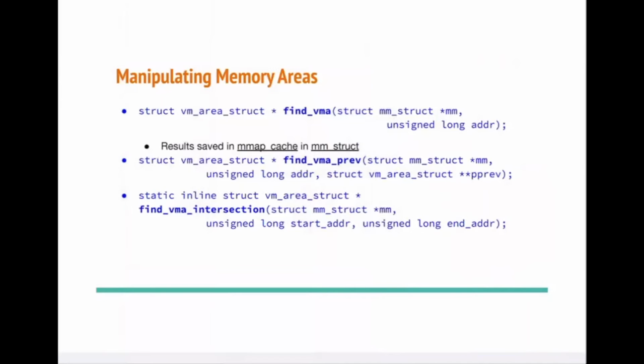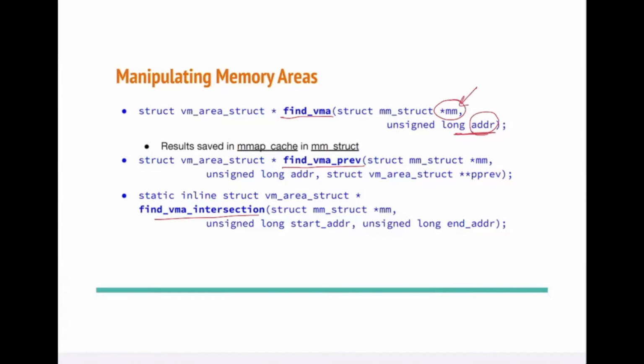If you want to access and manipulate some area, and within that area we have to do some operations on the address, then we have functions like find vma, find previous vma, and find intersection of vma. Here we are giving the address that we want to access. This is the variable that represents the whole memory structure of a process. With the help of this, we go to a particular address inside the address space of a process.